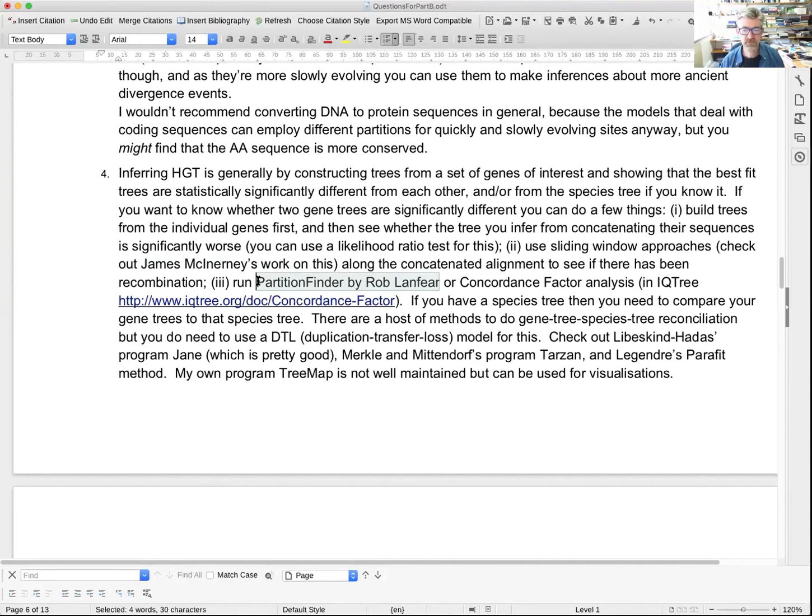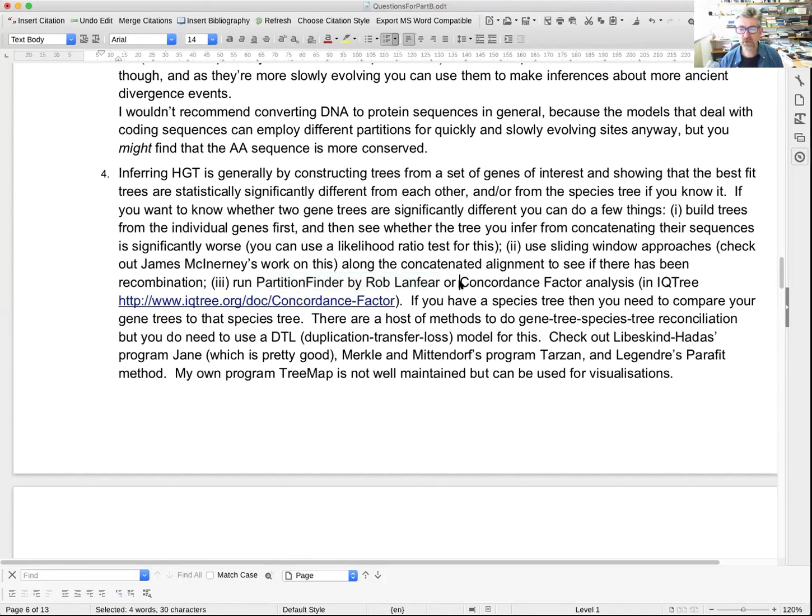That will be sets of sites, for example, a region of your gene from 1 to 500 or from 501 to 600 or something like that, that have well-defined and different evolutionary dynamics. And you could look at those partitions that PartitionFinder gives you and build trees on those. Again, see if there's some HGT going on because you have significantly different trees.